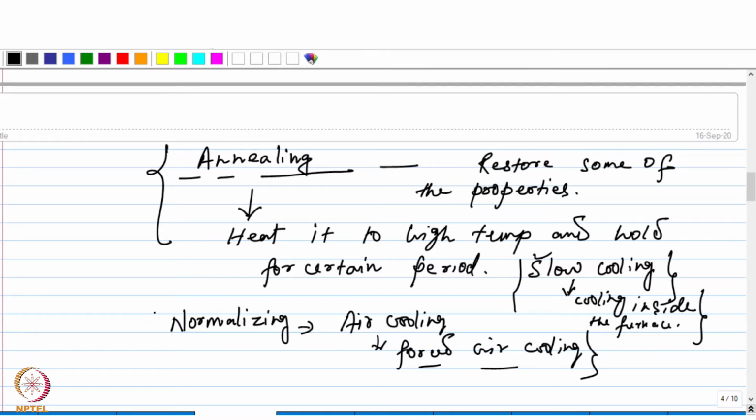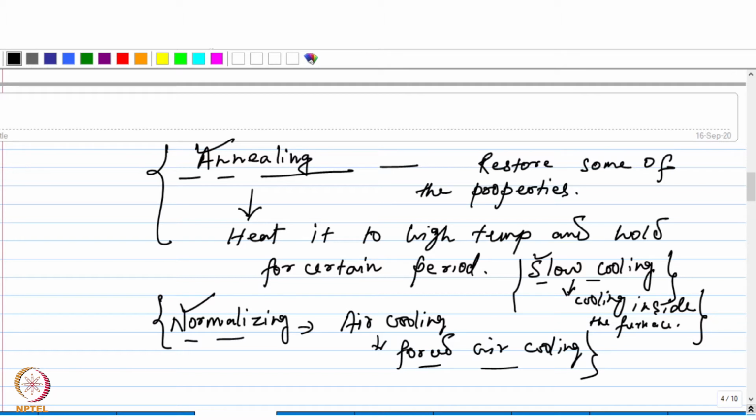If you do that, the process would be known as normalizing, and it will give you a very different kind of microstructure altogether compared to what you would get from annealing, and therefore the properties can also differ significantly when you normalize the material instead of annealing it. So you need to take care of the cooling rate while doing the annealing process.